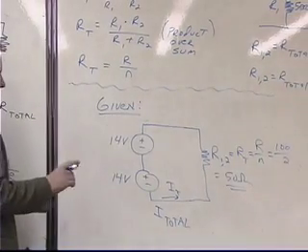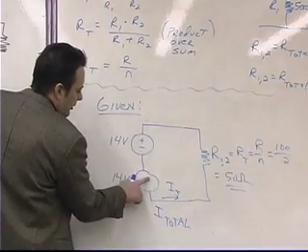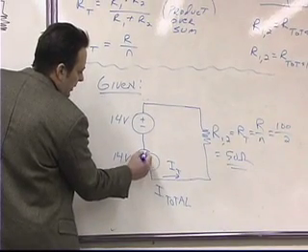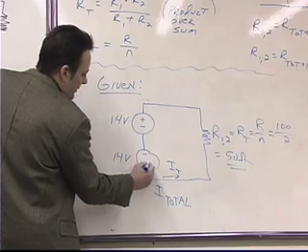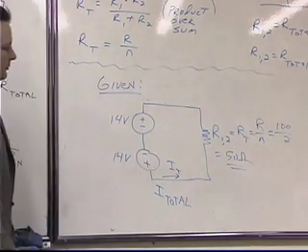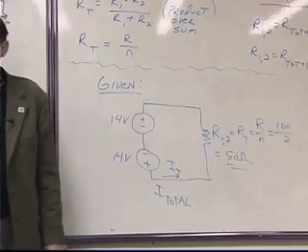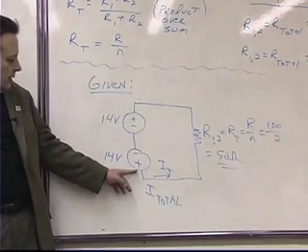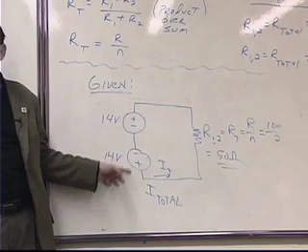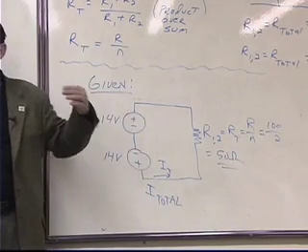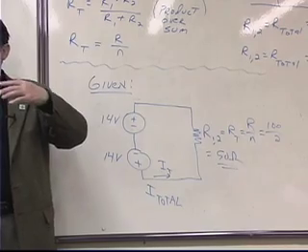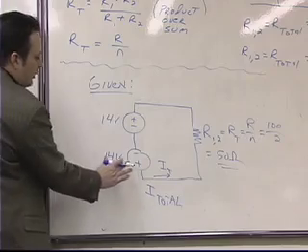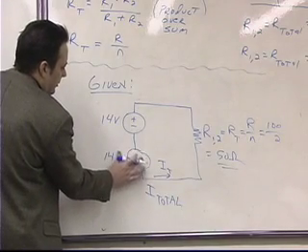If, however, the polarity was changed so that instead of this being plus minus, it was minus plus, then I would have 0 volts. Why? Because they're working against each other. The two batteries are working against each other. Okay? But I just wanted to show you that as an example.